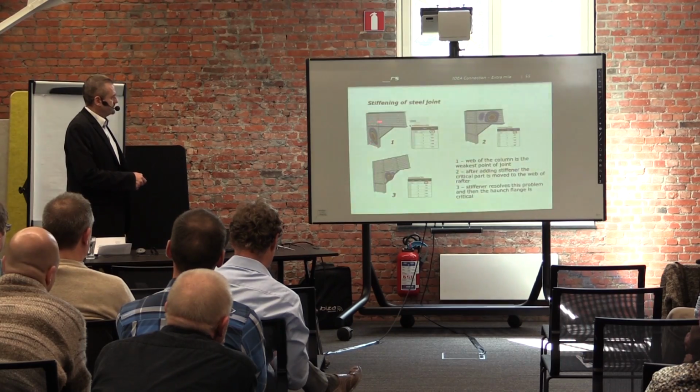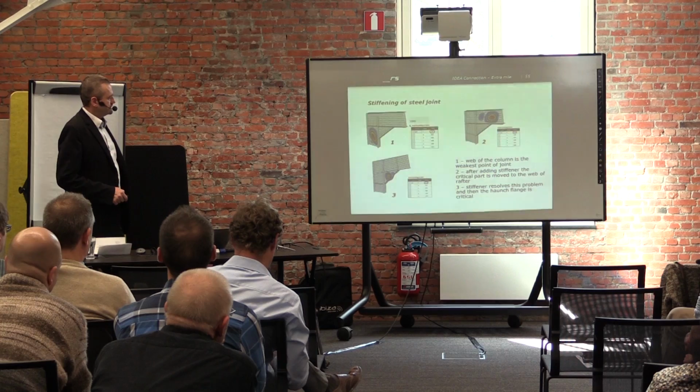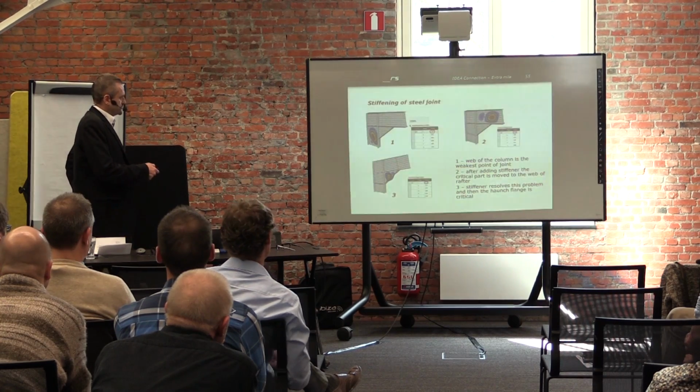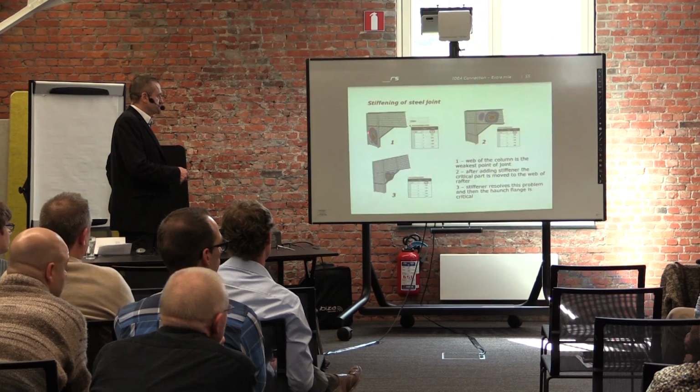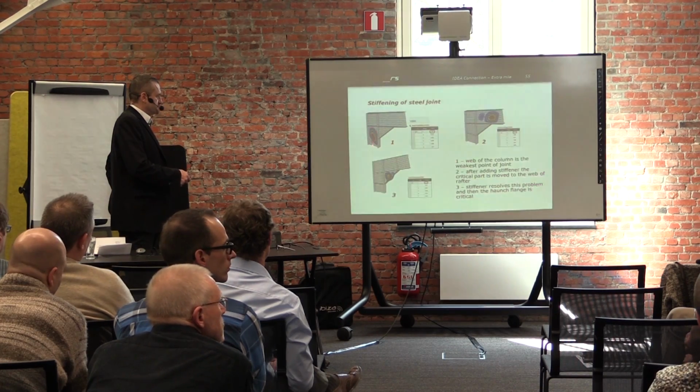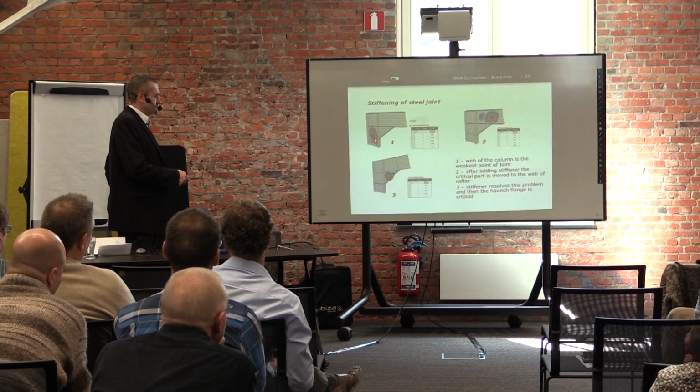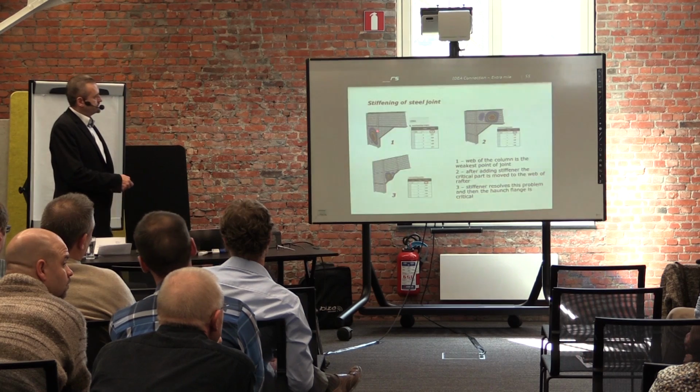And you can see which information you can get and how it can help you. Like in this example, we have a frame corner, and you see here that the first buckling shape is on this column web.